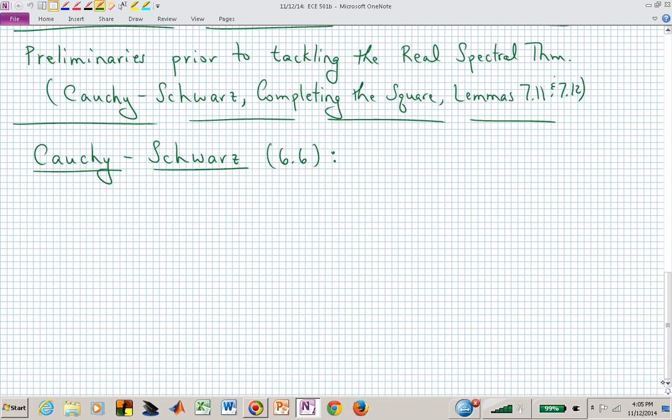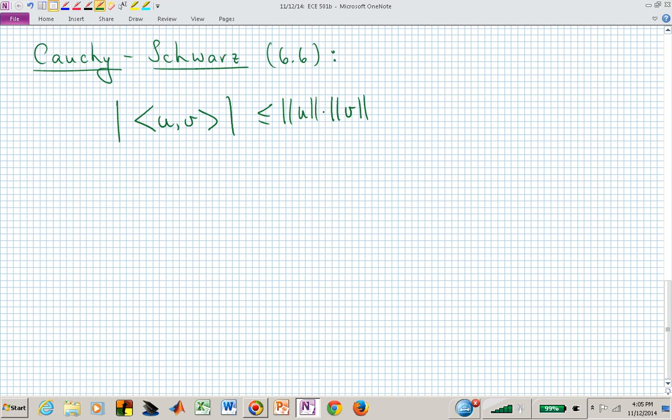So Cauchy-Schwarz. That was back in chapter 6, which says that the magnitude of the inner product is less than or equal to the norm of U times the norm of V, where we were looking at the absolute value of the inner product of U with V. What we are going to use is actually the lower limit of that.